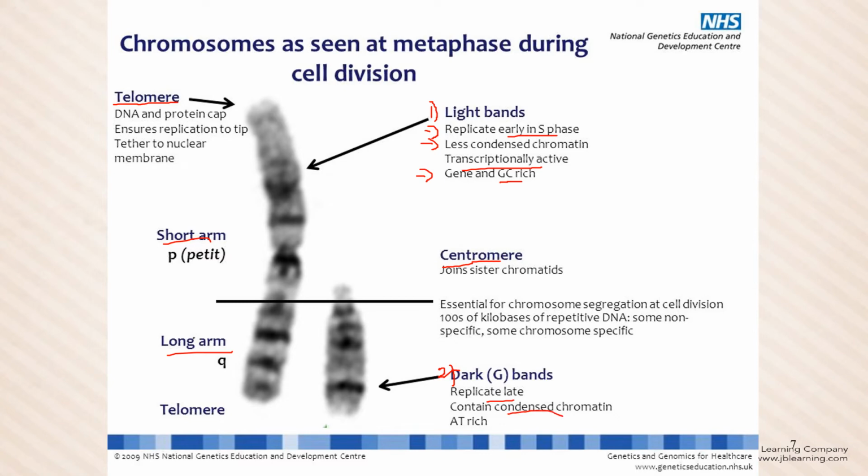They are more condensed chromatin, and they are rich in adenine and thymine. So these two regions are important to talk about and to differentiate.